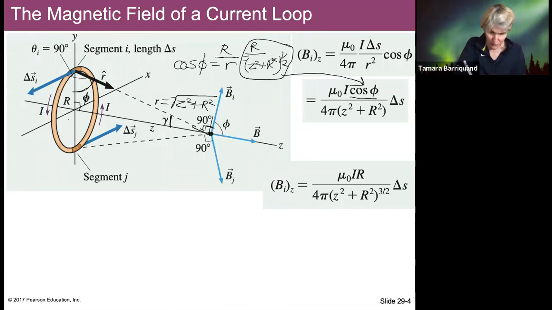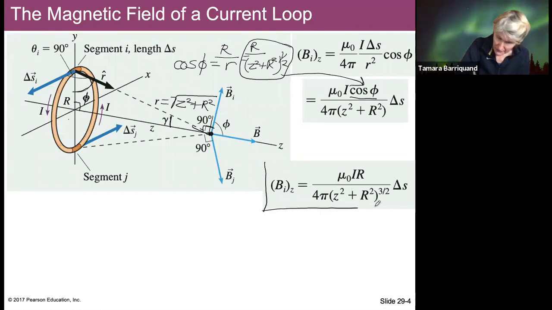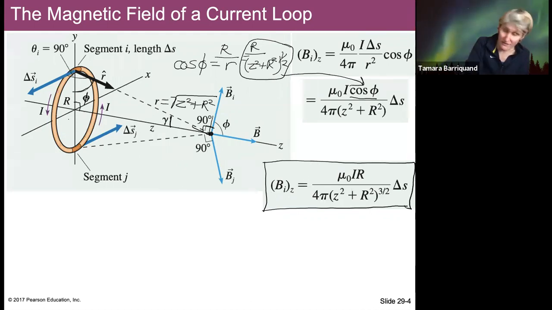We add those together, 1 plus 1/2 is 3/2, times delta S. So this is now our full expression in terms of z and R and delta S for the component of the magnetic field due to segment little i.